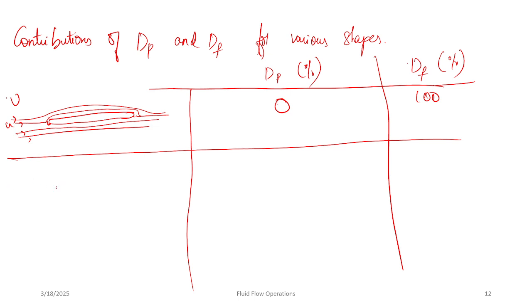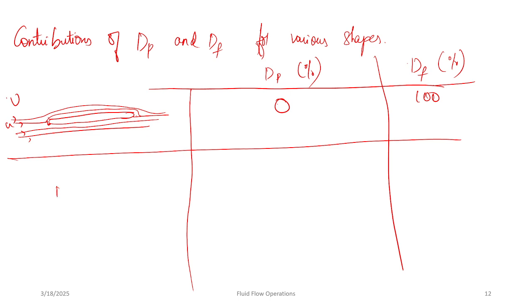And if the body is in this shape, having a flat surface in the field and then a shape something like this, drag due to pressure will be around 10%, and drag due to friction will be around 90%.